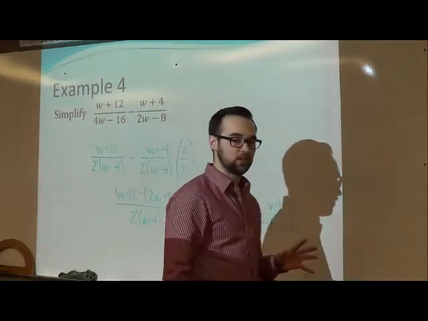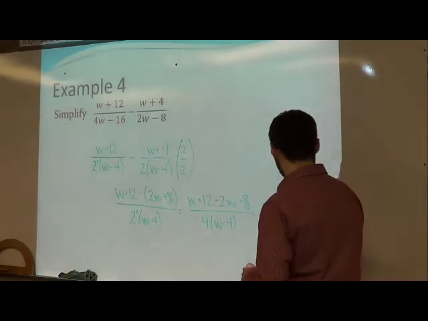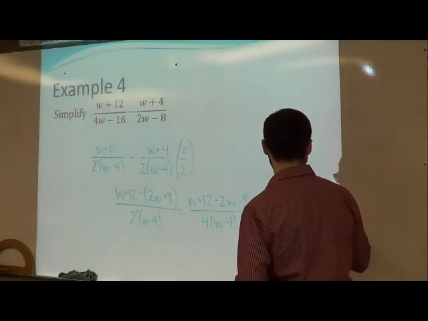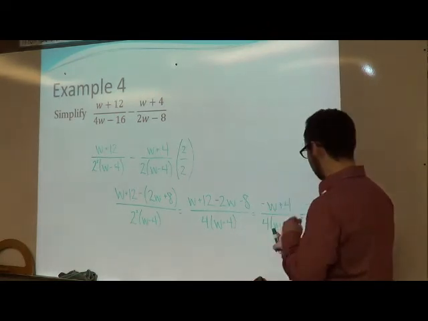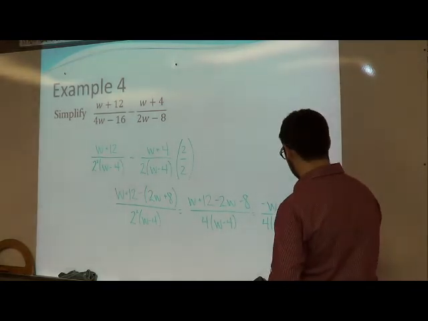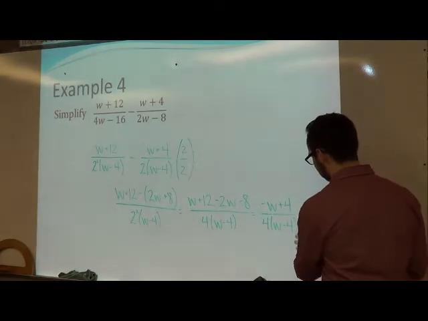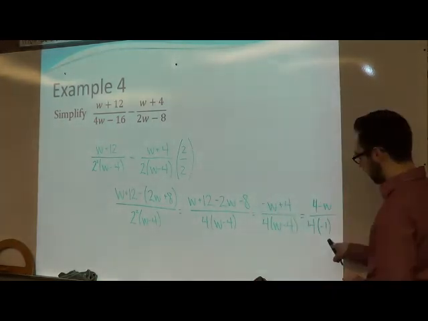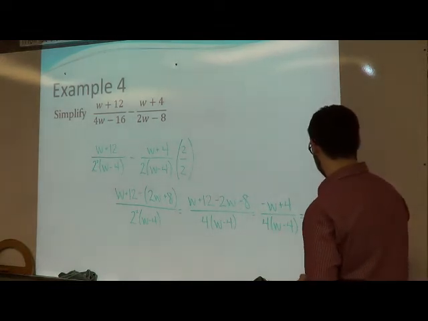Now notice, we're really close to having these the same, because if I rewrite this, that top is 4 minus w, and on the denominator we have w minus 4. So remember, if I multiply that by negative 1, now that becomes 4 minus w.